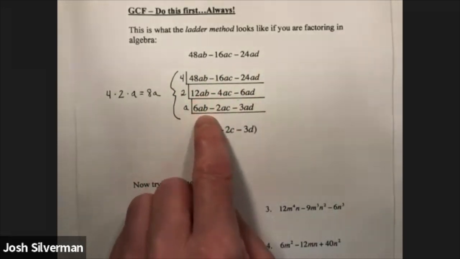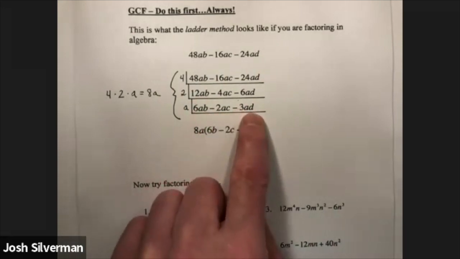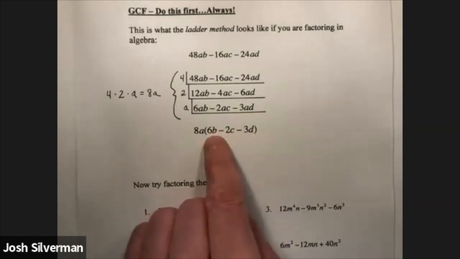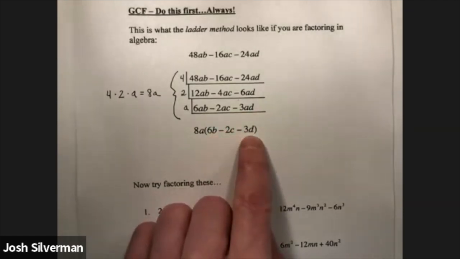What can all of those be divided by? They can all be divided by A. And then that's it. There is nothing left that these 3 terms can each be divided by except for 1. And so when the question is, what can they all be divided by? And the answer is 1, that means you are done.